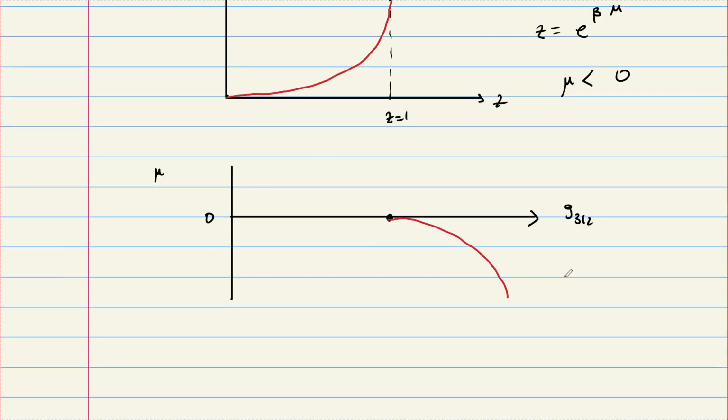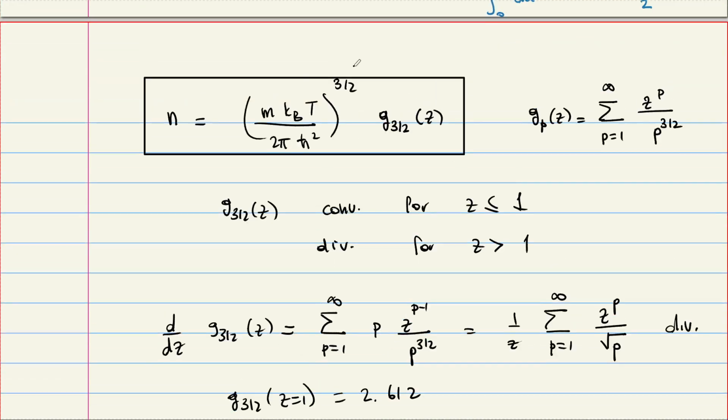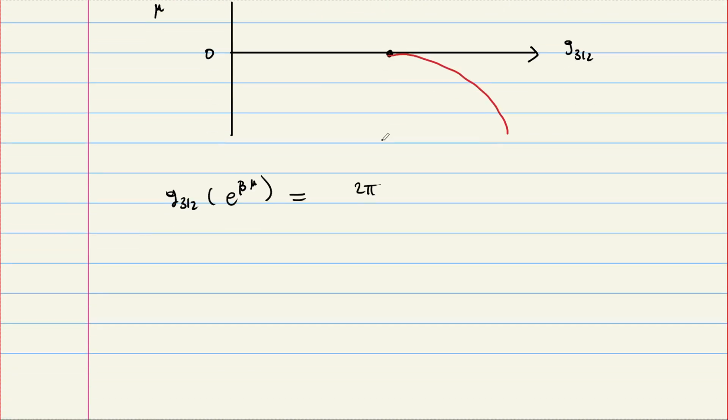So let me now write the expression. g_{3/2}(e^(βμ)) is equal to 2πħ² over m k_B T times n. I'm just inverting this, writing the same thing but leaving g alone.